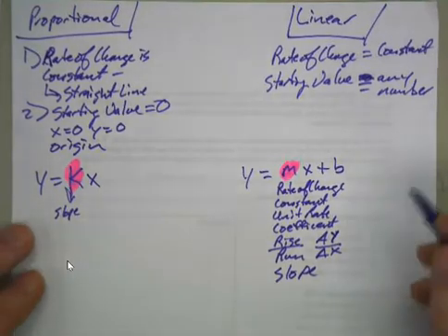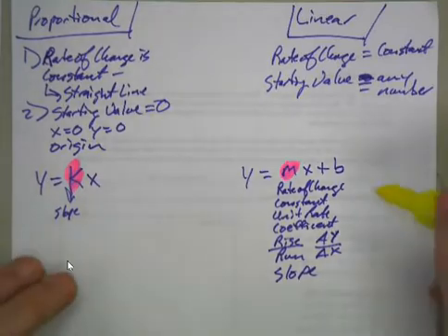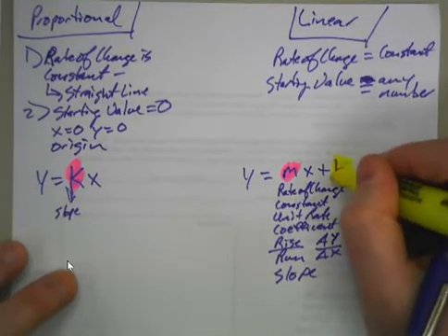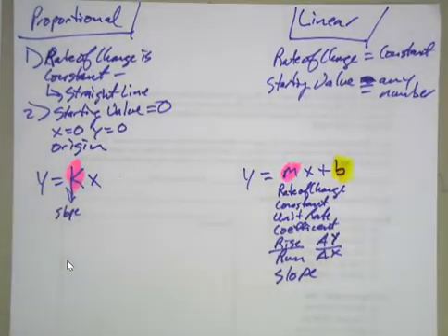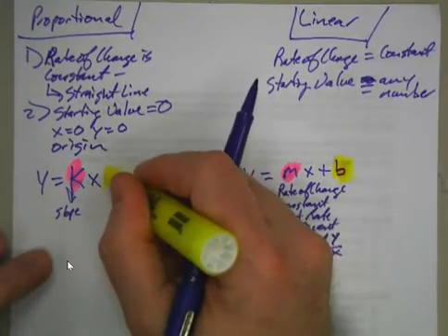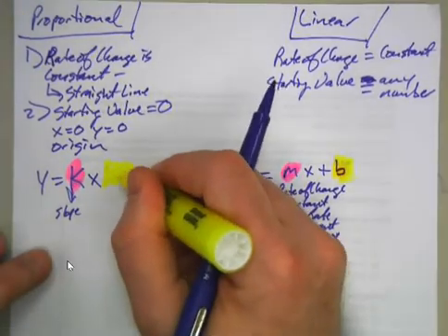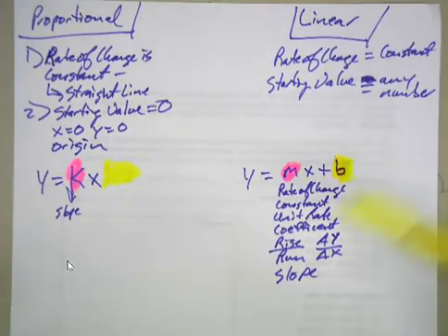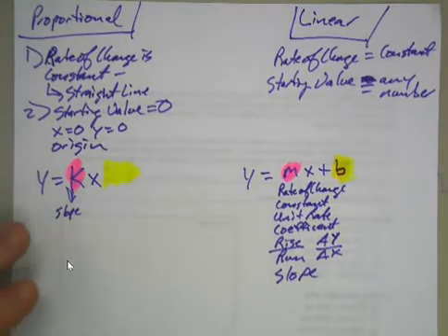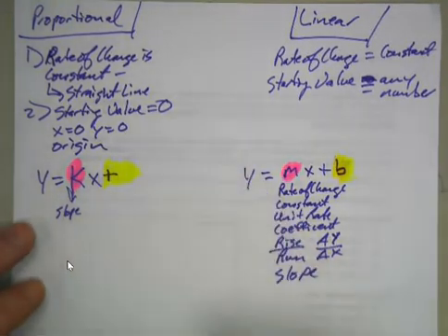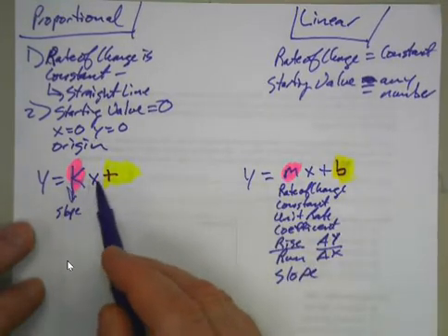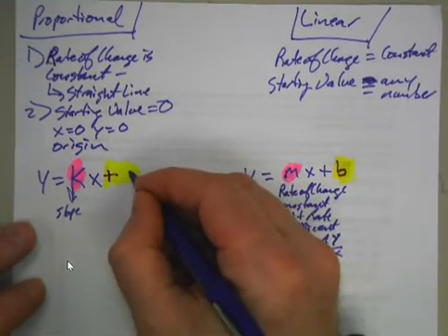So the thing that's different here is going to be b. And what I want you to recognize is that the b over here is implied. It's implied because there's only one thing you can add here that would also equal k times x, which is 0.